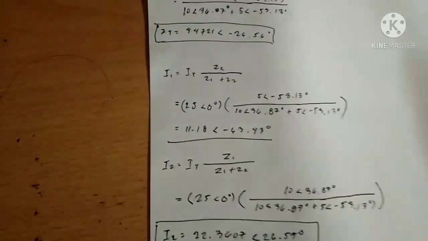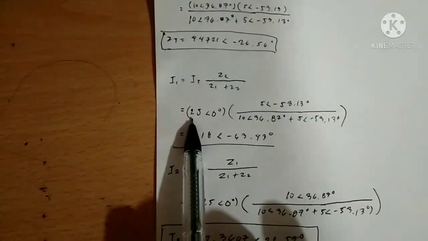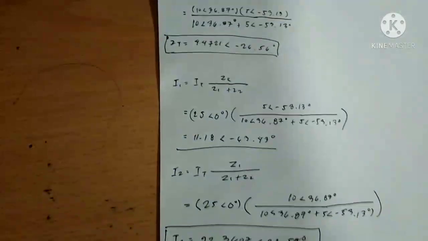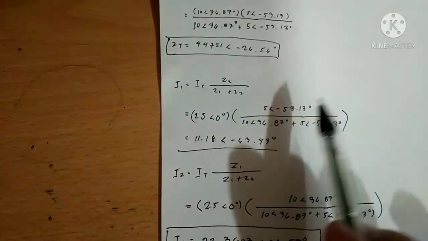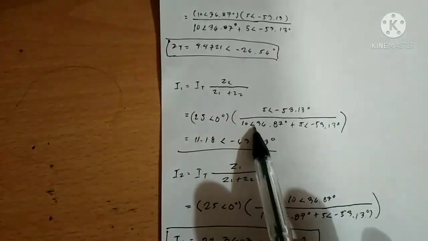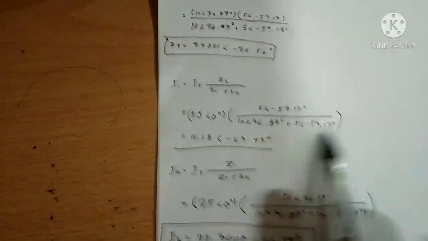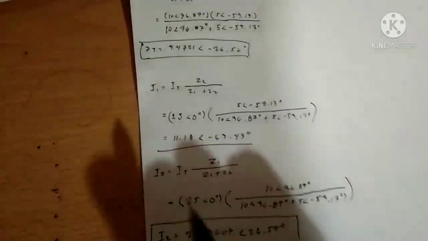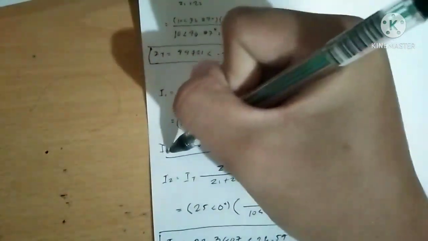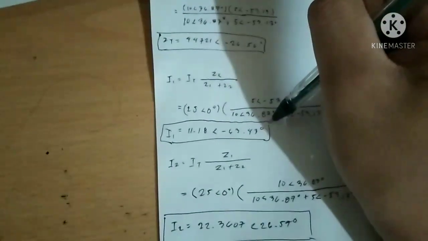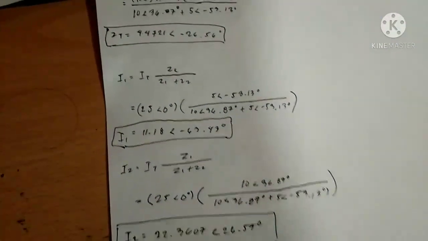So we'll have to substitute: 25 angle 0 degrees, which is the total current, times 5 angle negative 53.13 degrees over 10 angle 36.87 plus 5 angle negative 53.13 degrees. If you use your calculator correctly, it will equate to I1 being 11.18 angle negative 63.42 degrees.